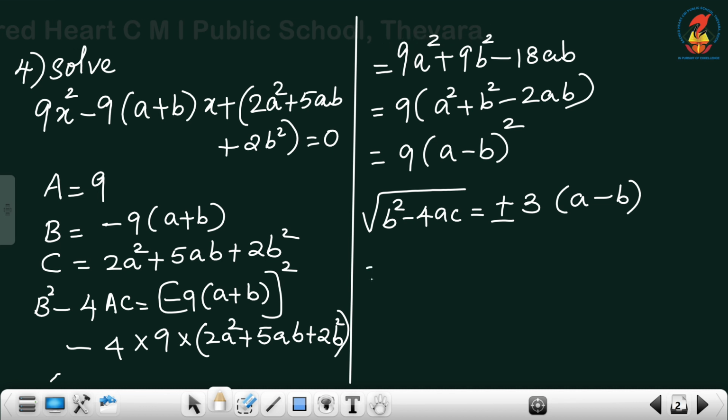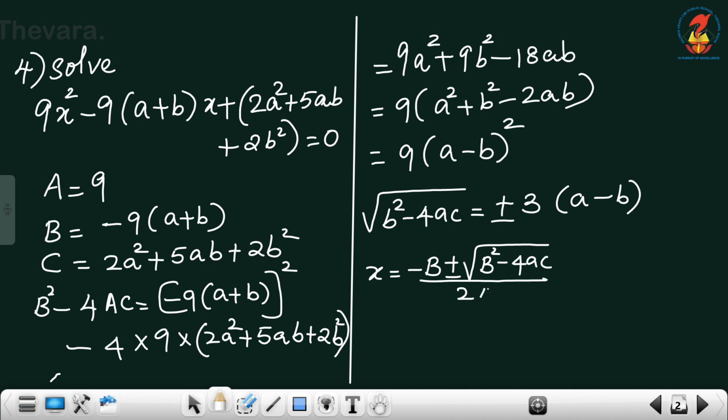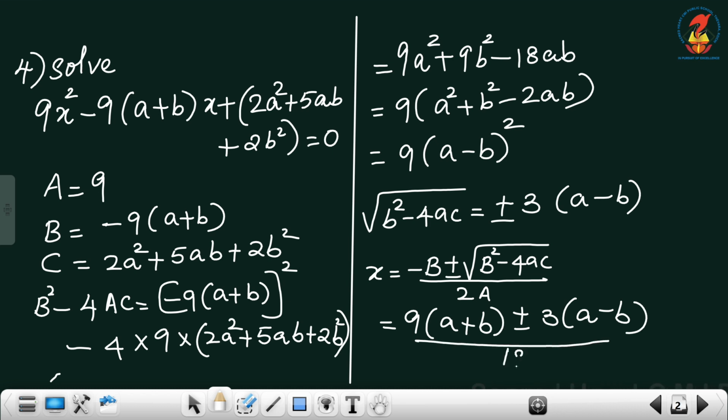So what we need is x. x is equal to minus b plus or minus root of b² − 4ac, by 2a. So what is minus b? Minus b is 9(a + b). So 9(a + b) plus or minus 3(a − b), whole divided by 18.